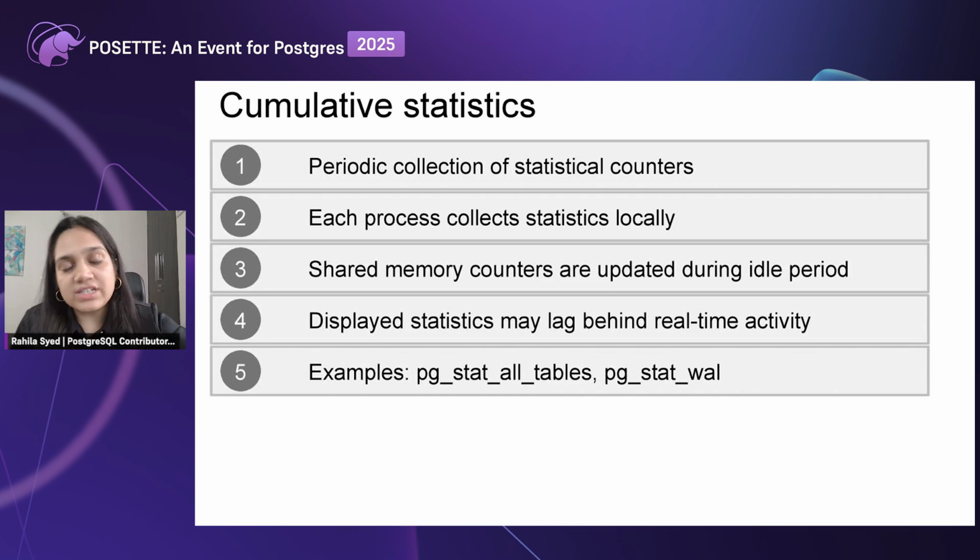So, what are cumulative statistics? Cumulative statistics is a subsystem in Postgres which allows you to collect and report information about the server.